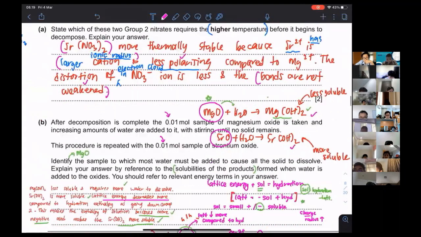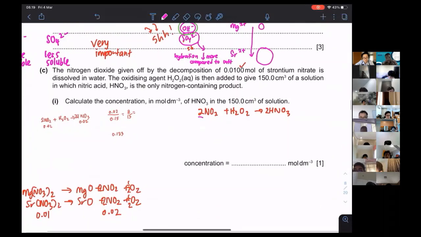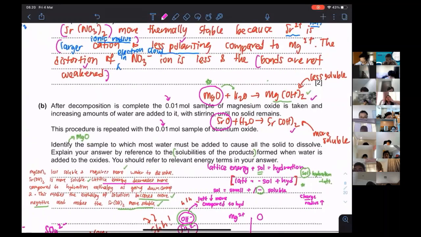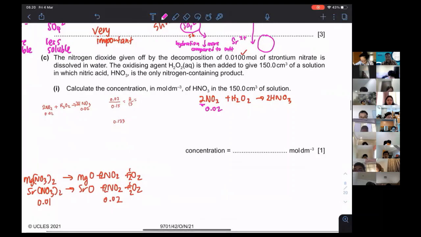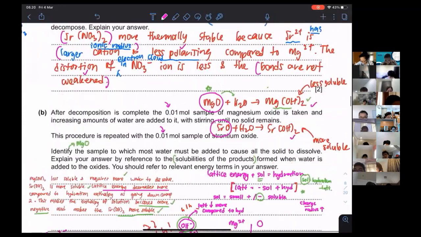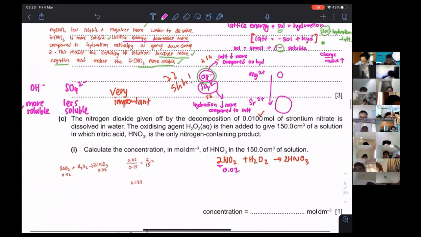It doesn't matter whether the number here is 2, 3, 4, 5, 10 or 1000, it is going to be 0.02. Whatever is produced will be there. Even though here is 4, it must be 0.02. I hope that is clear.